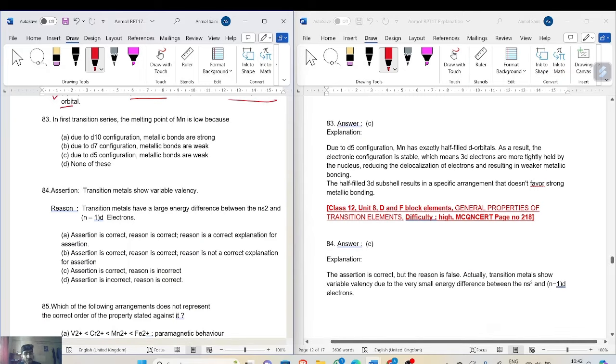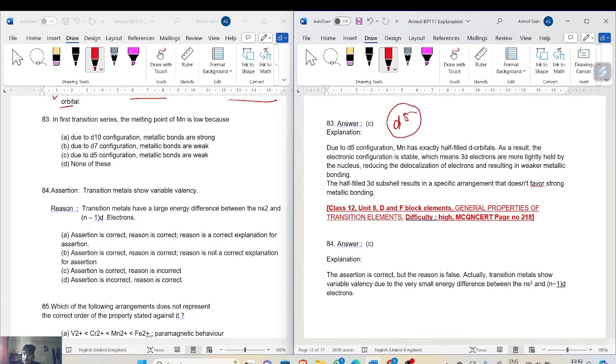Now let's come to question number 83. In the first transition series, the melting point of manganese, Mn, is low because it has d5 configuration. Manganese has d5 configuration in its outermost shell, but still it has a low melting point. This is because the half-filled 3d subshell results in a specific arrangement that does not favor strong metallic bonds.